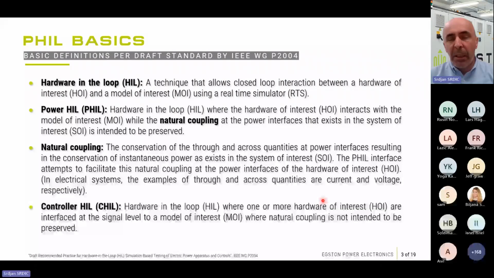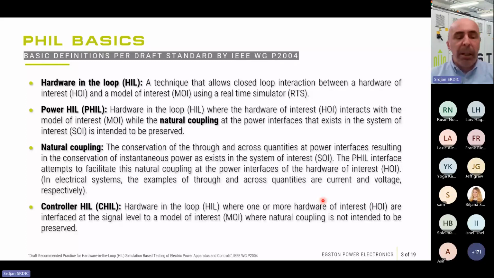What does that mean? In our specific case, electrical engineering, that in the simplest terms means that the instantaneous power at the power interfaces needs to be preserved. So power HIL enables preservation of the instantaneous power at the interface point.